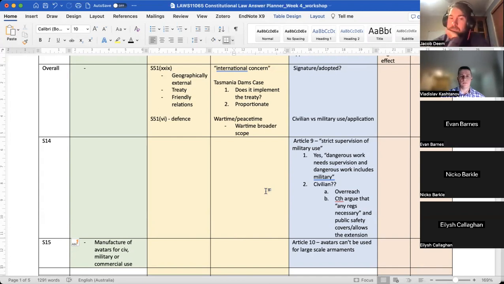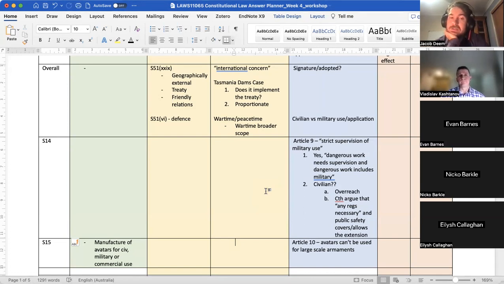I'm talking about matters geographically external to Australian territory. And we don't have sufficient facts that something bad in relation to avatars happened already externally. So this Avatar Act passed by the Commonwealth doesn't relate to matters, things or events physically external to Australia.